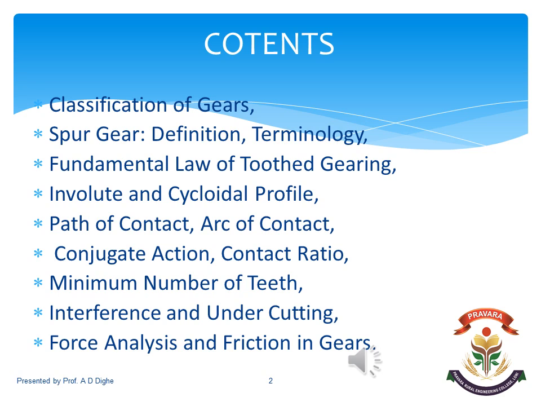After that, we need to study the path of contact and arc of contact, as well as conjugate action and the contact ratio. Next is to find the minimum number of teeth to avoid interference, and we need to study interference and undercutting. These are the two concepts, and at the end the force analysis and the friction in the gears.